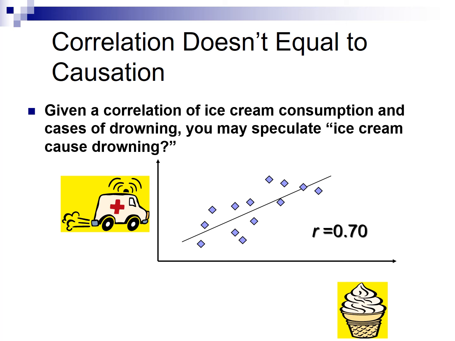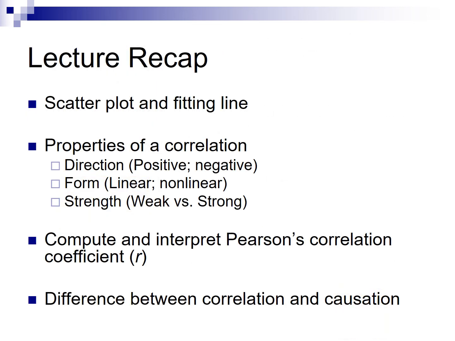Can we conclude that eating ice cream causes people to drown? And why not? Therefore, we can conclude that high correlation does not imply causation. It's very important that you understand what your data means, and that you understand how a high, either positive or negative, correlation could be explained.